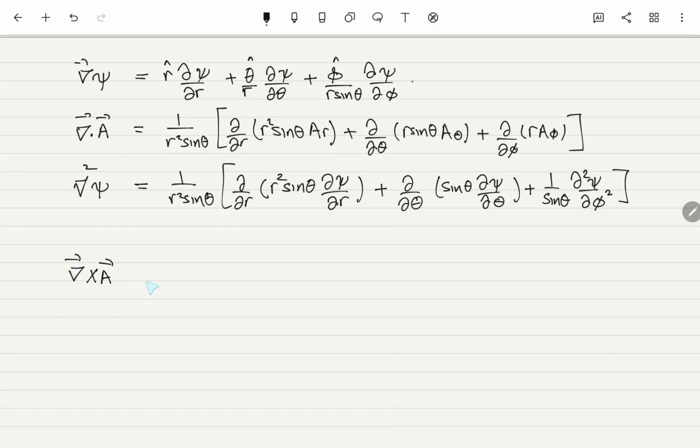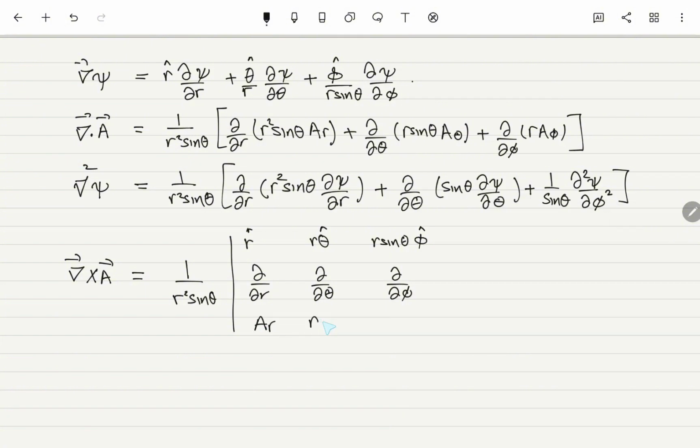In spherical coordinates, it's equal to 1 over r square sine theta times the determinant with r hat, r theta hat, r sine theta phi hat, partial r, partial theta, partial phi, and A r, r A theta, r sine theta A phi.